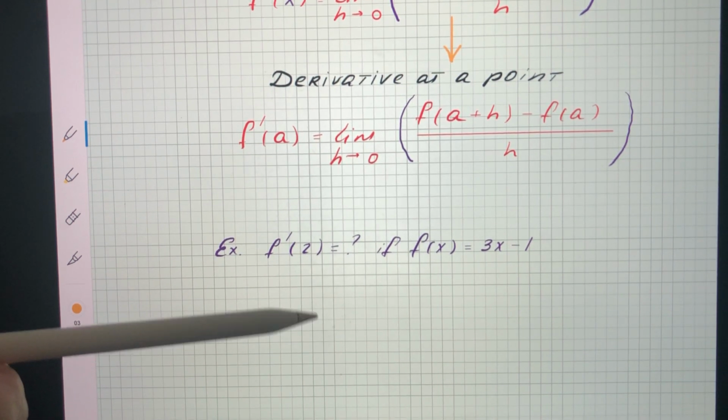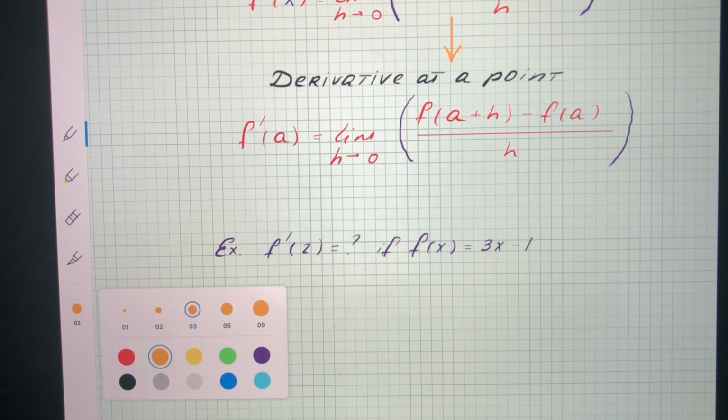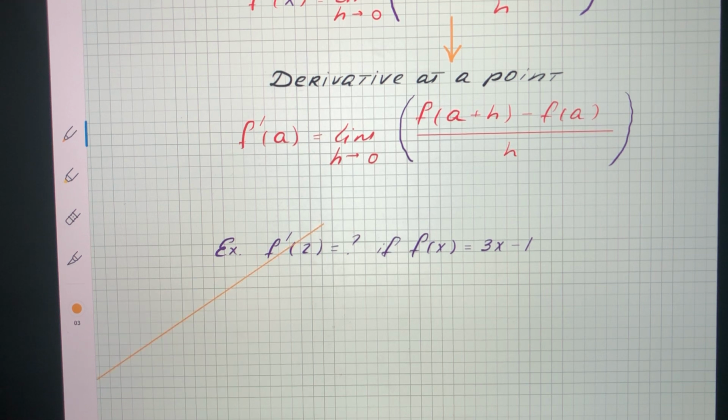So to find the derivative, we need to plug in the point. The a is 2. So in our formula for the derivative, we have limit as h approaches 0 of the function. This is my function 3x minus 1, and each time I have x, I'm plugging in a plus h, a being 2.